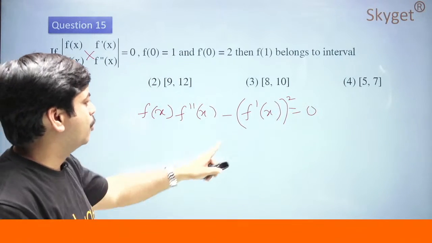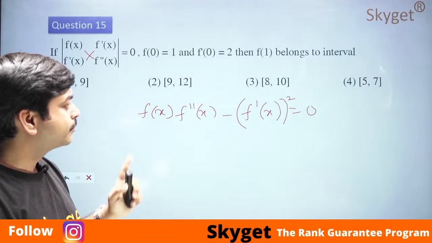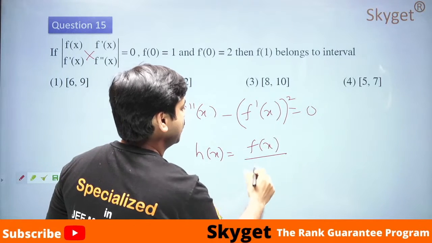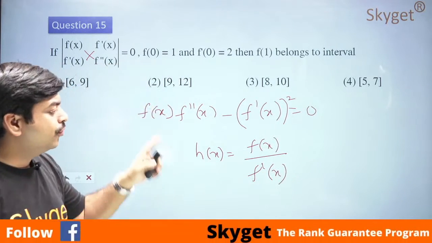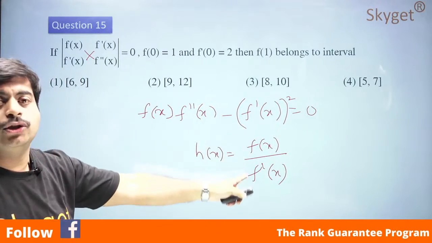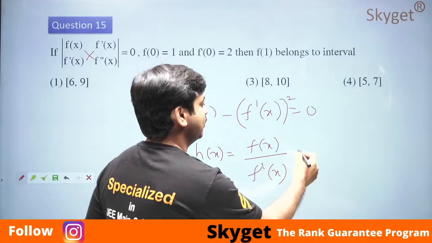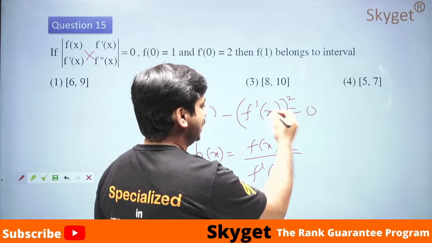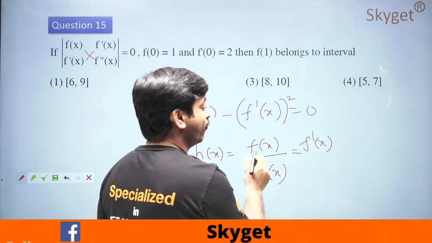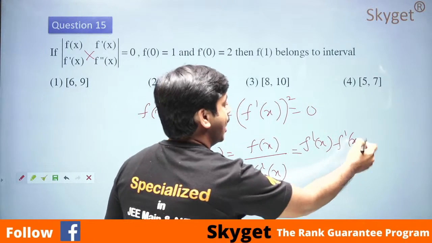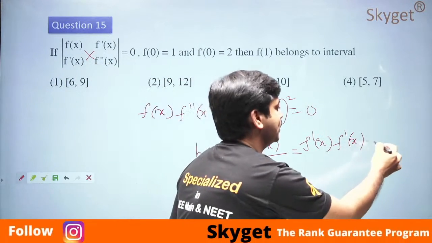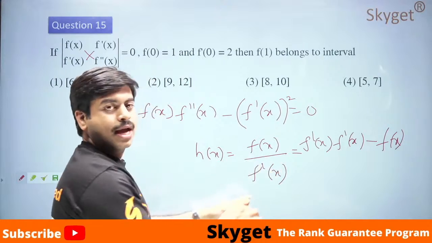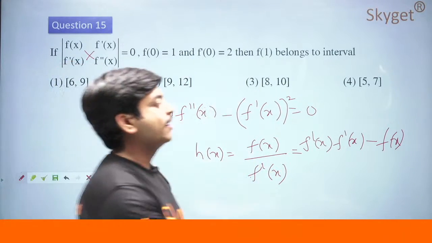Correct? Carefully observe: let us take one function h of x as f of x by f dash x. If you differentiate this using the quotient formula, as we have discussed when we were discussing differentiation, you get f dash x into the derivative of f of x, which is f dash x, minus f of x into the derivative of f dash x, which is f double dash of x.